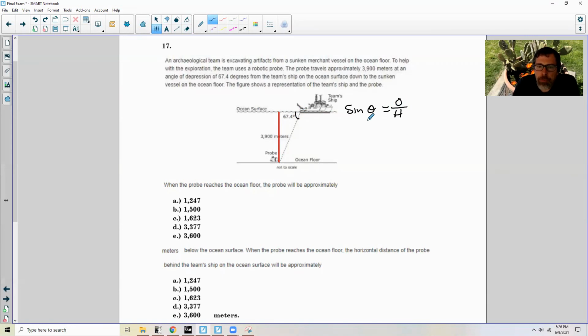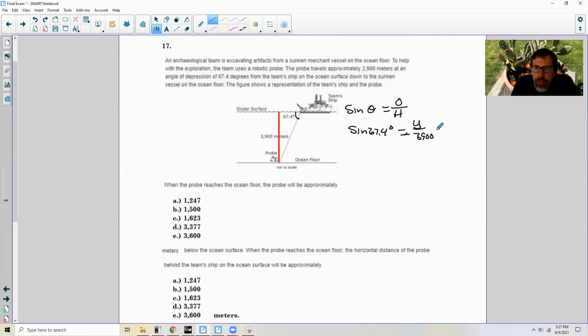And that's how we would do this problem. So the sine of 67.4 degrees equals opposite, actually let's call it y because it's vertical, over hypotenuse, which is 3,900.